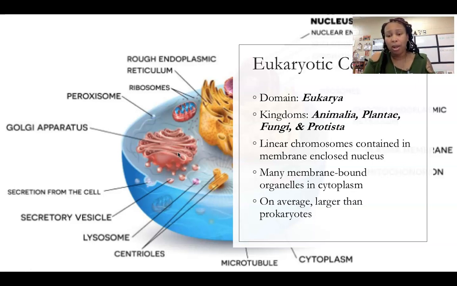Again, the only non-membrane-bound organelle found in both prokaryotes and eukaryotes is going to be your ribosomes. Ribosomes do not contain a membrane. On average, your eukaryotes are going to be larger than your prokaryotes. Again, the smallest eukaryote is about the size as the largest prokaryote.